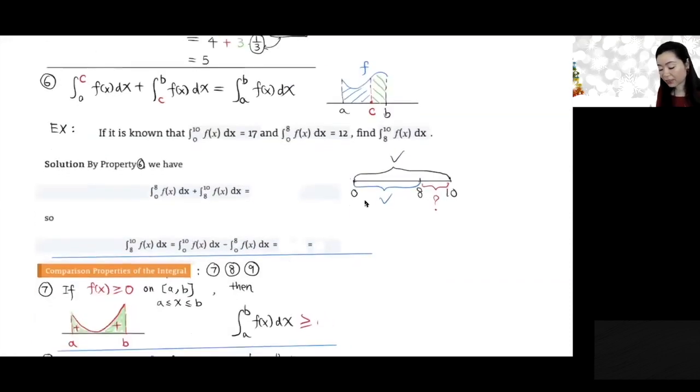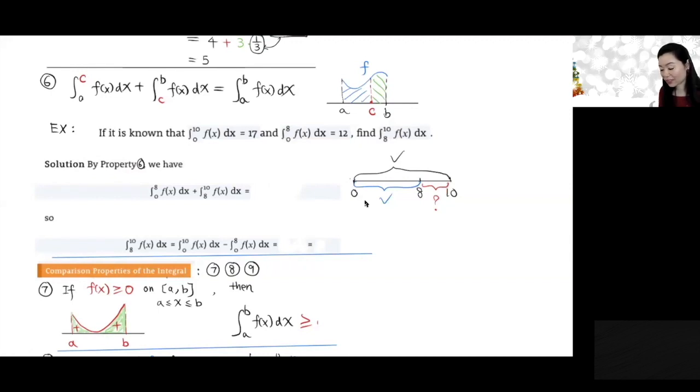Now, for example, in your homework, we know the integral from 0 to 10 is 17. And we also know the integral from 0 to 8 is 12. We try to find the integral of the function from 8 to 10. How do we do that?